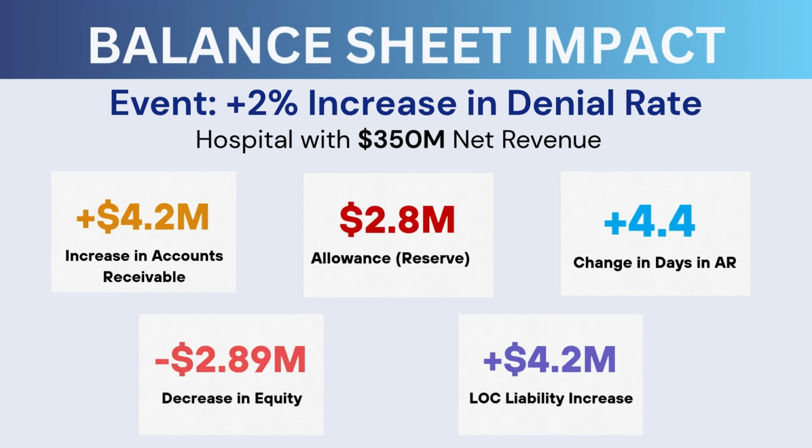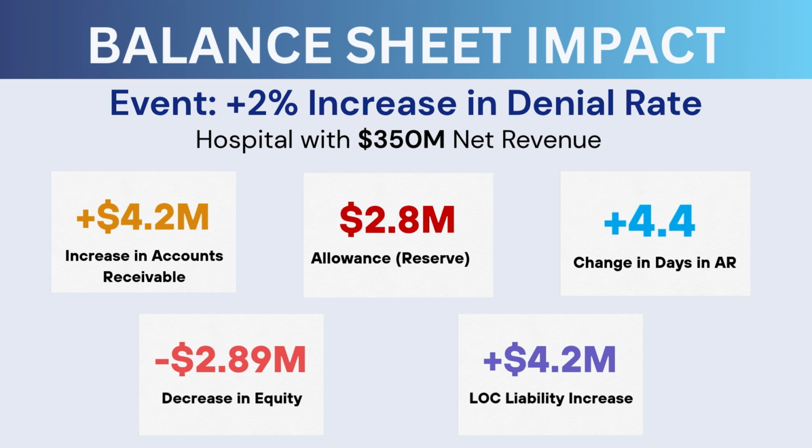And then finally, you have your balance sheet impact. So on the balance sheet, we're going to see the 4.2 million increase in the accounts receivable line item. We're going to see the 2.8 million of permanently lost revenue. This is the part that is denied, that is not going to be recovered upon appeal.